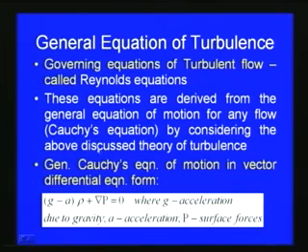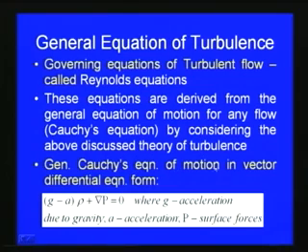These equations generally start from the Cauchy's equation. We will be discussing Cauchy's and Navier-Stokes equation in a later chapter, but we will now start to derive this Reynolds equation from the basic Cauchy's equation for fluid flow, from the general equation of motion, by considering the theory of turbulence.